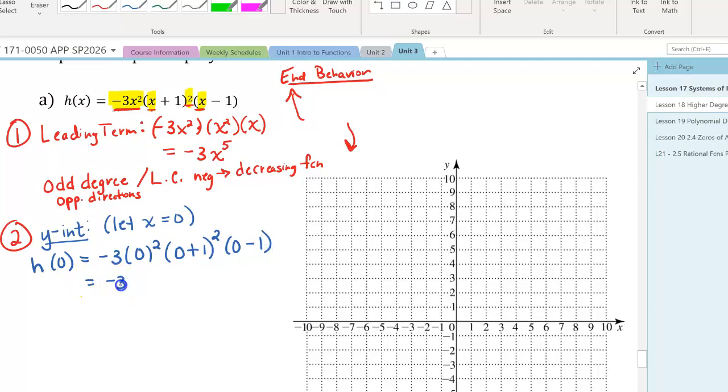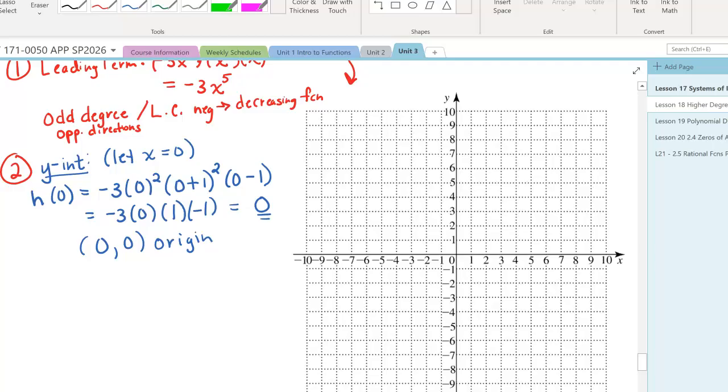Well, 0 squared is just 0, this is 1 squared, which will just be 1, and this is negative 1. But negative 3 times 0 is 0, and 0 times anything else will give you 0. So that means the y-intercept is 0, which means the graph is going to go through the origin.